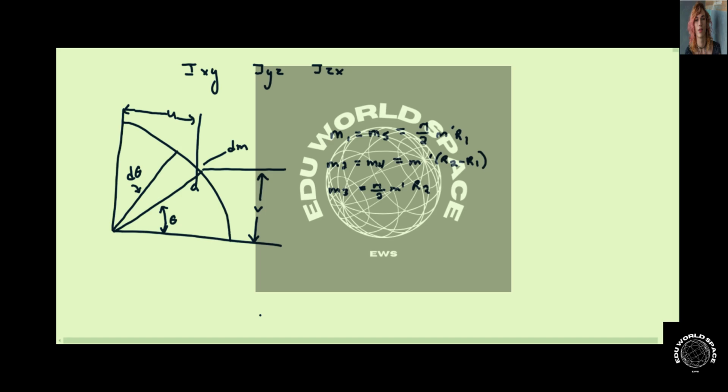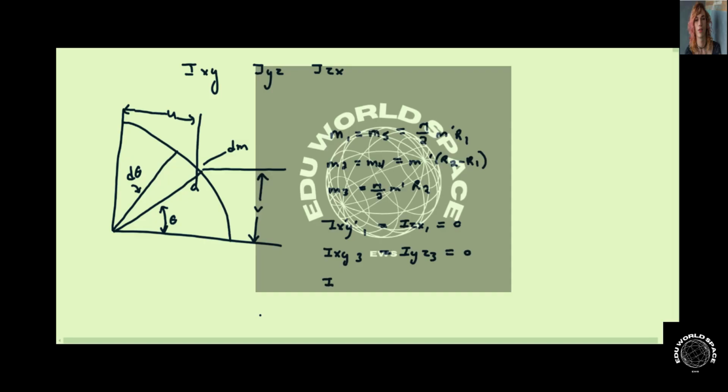And from this, we also have I_xy of 1 is equal to I_zx of 1 is equal to 0. I_xy of 3 equals I_yz of 3 is equal to 0.